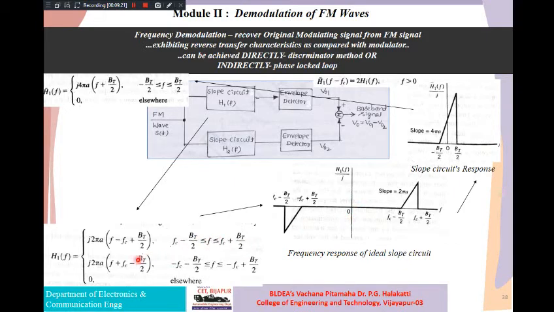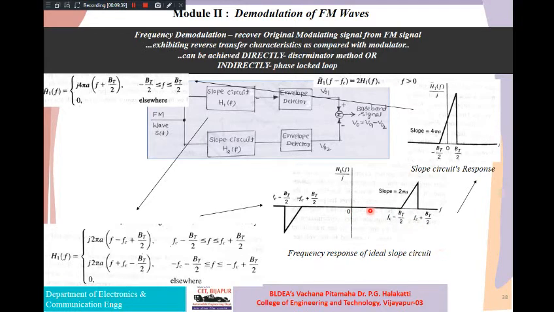The frequency range has been given, and except at these two ranges we don't have any frequency components. So this is how we are going to characterize the transfer characteristics for the ideal slope circuit.